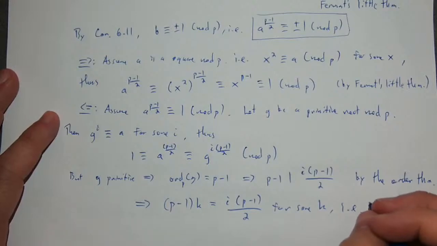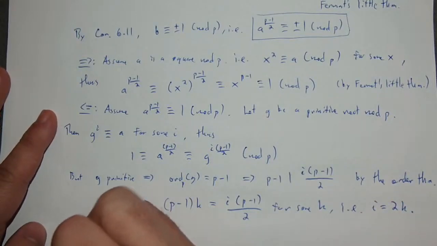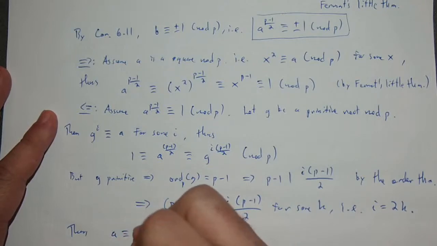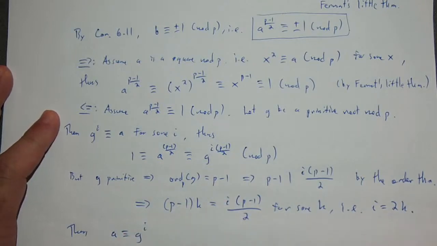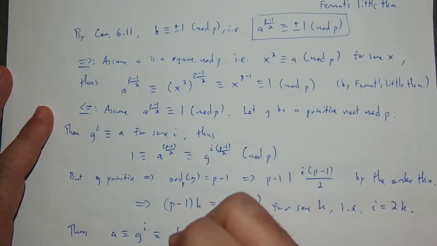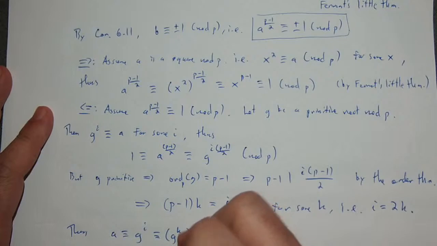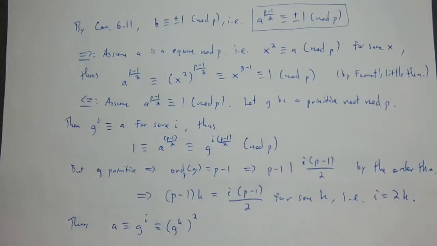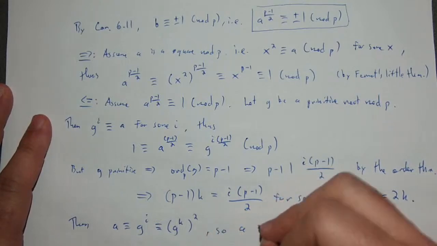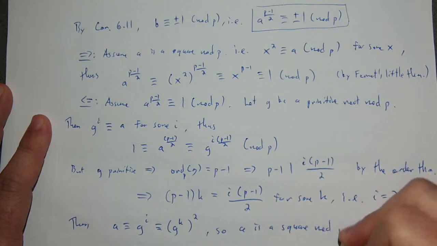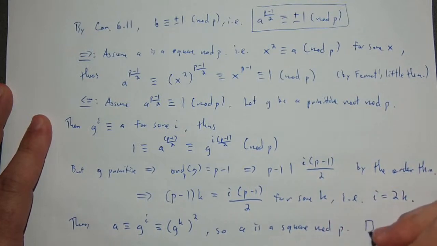Well, this gives you that a is a square mod p. Thus a is congruent to g to the i, but i is 2 times k, so this is congruent to g to the k squared. So a is a square mod p, and that was all I needed to show.